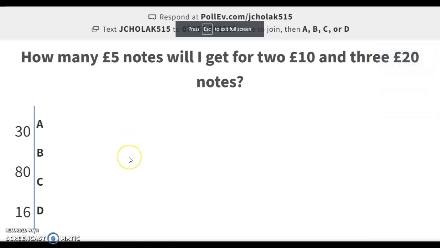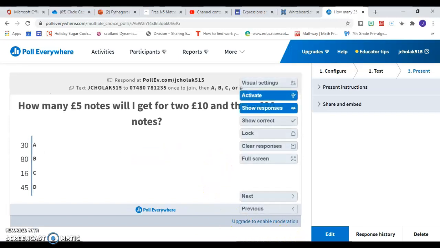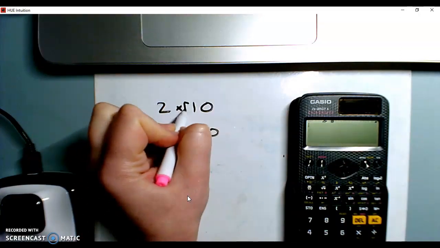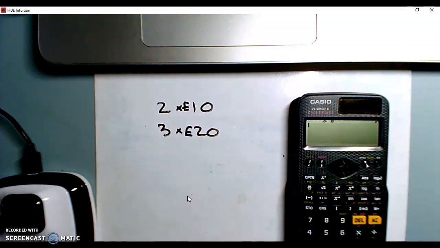So here, our question. How many £5 notes will I get for 2 £10 and 3 £20 notes? So pause the video, give it a little try, press play when you're ready. Okay, so here we had 2 10-pound notes, and then we had 3 20-pound notes.